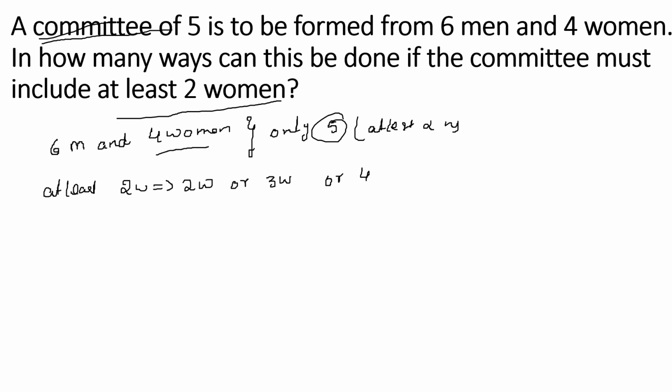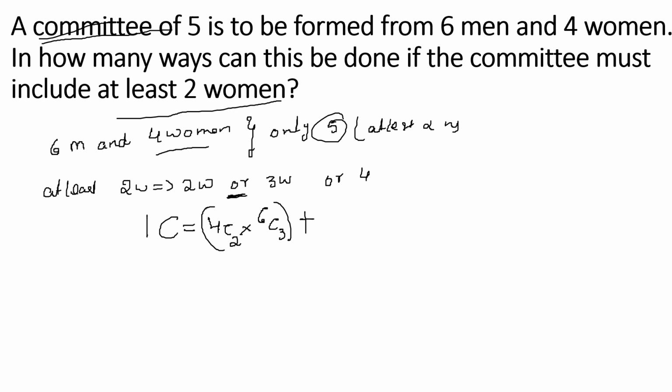Now, therefore, total combination will be equal to: if we choose 2 women out of 4 women, that will be 4C2. In order to make 5 people, the remaining 3 should be men. So out of 6, we have to select 3 men. So this is one possibility. Since we are using OR here, we have to add this.